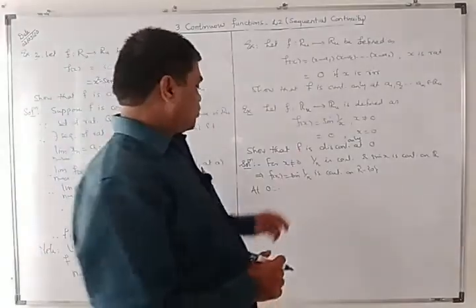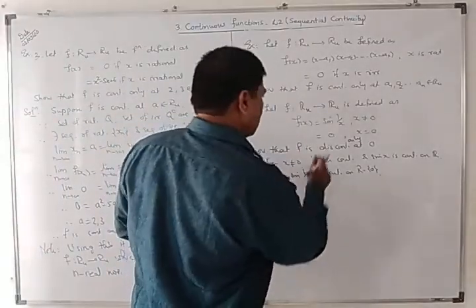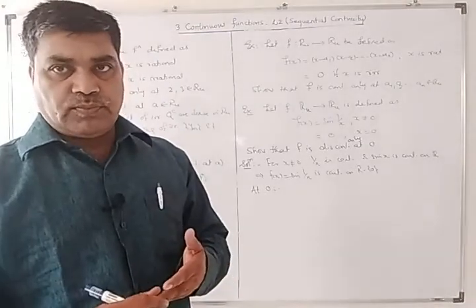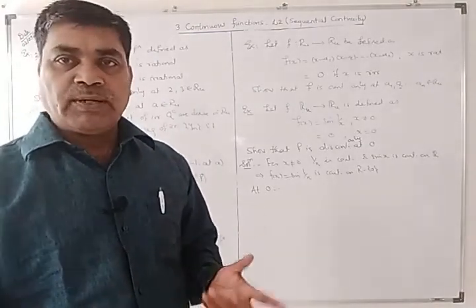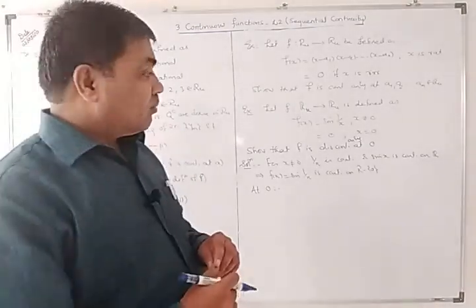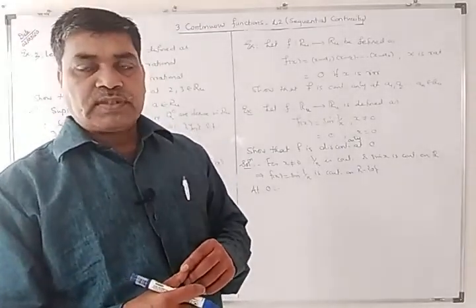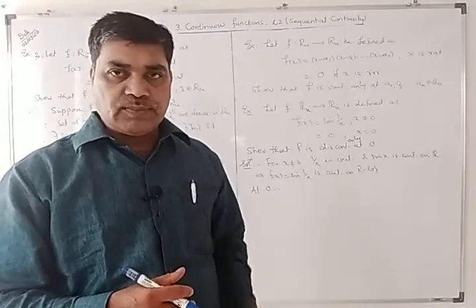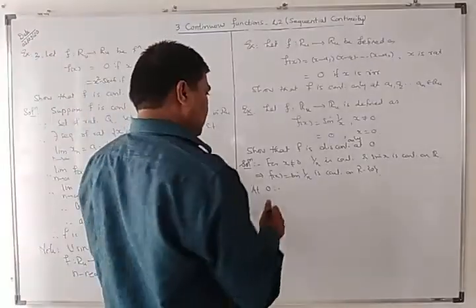Okay. So here we know that sin of (2n minus 1) pi by 2 is minus 1 raised to n minus 1: sin pi by 2 is 1, sin 3 pi by 2 is minus 1, and so on. Okay. We know it.